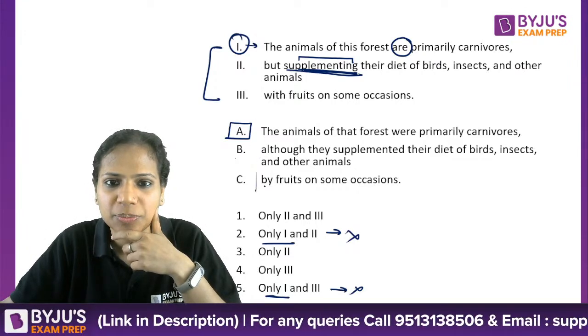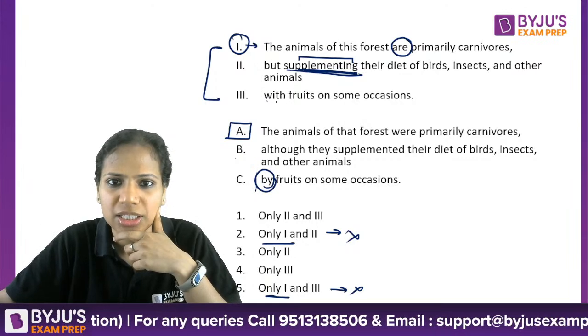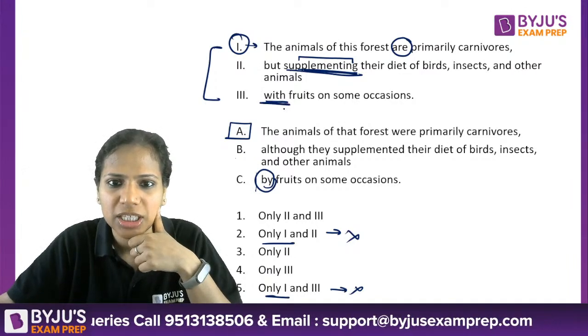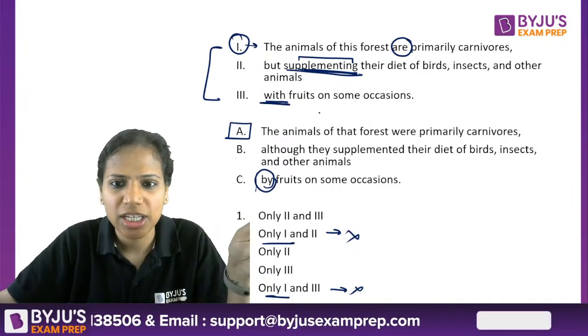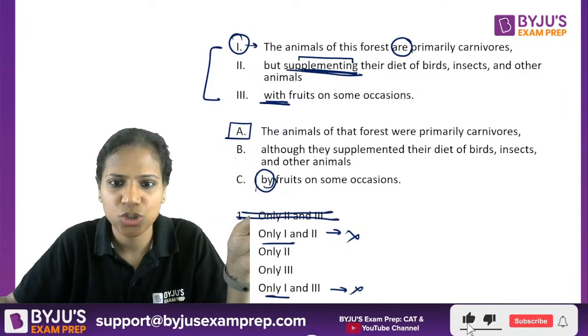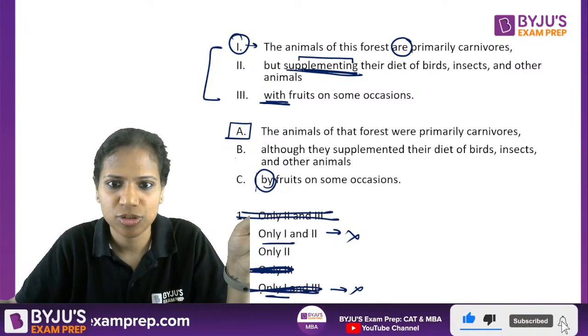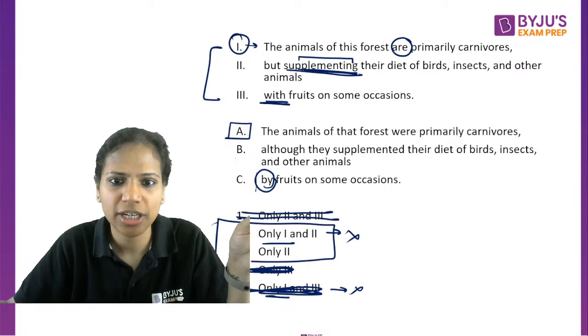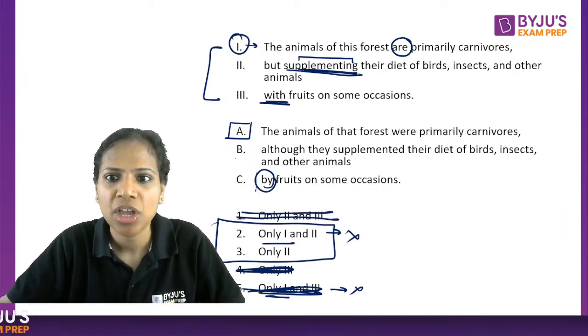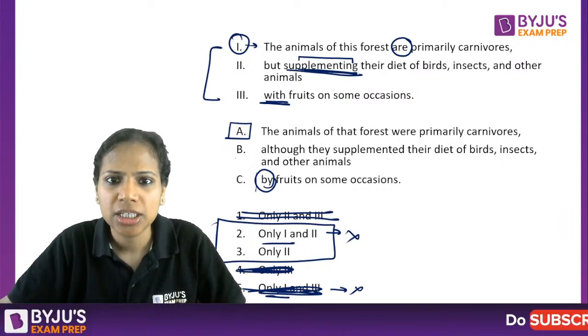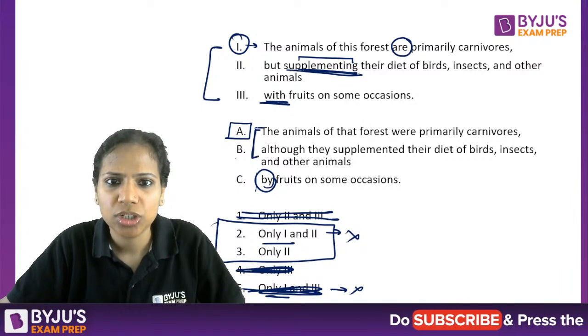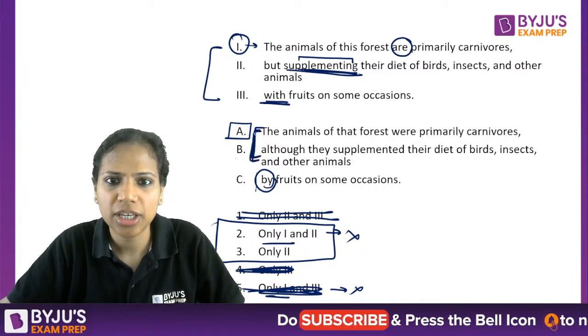We supplement something with something, right? Supplement A with B. So 3 is fine. 3 does not need any correction. So only 2 or only 1 and 2. That's what we have to see. So actually both 1 and 2. 2 is going to be our answer.